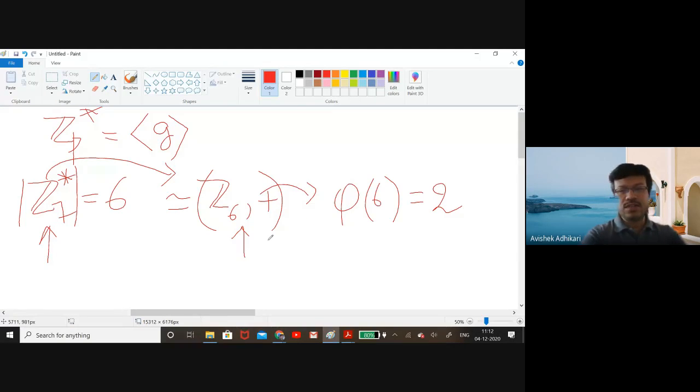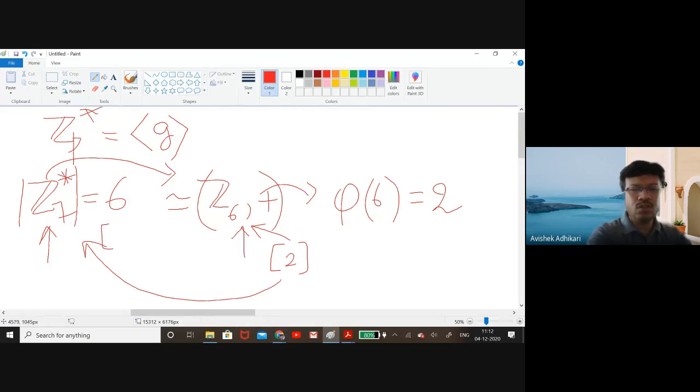Suppose I am considering 2 here, and this 2 is not the same as the 2 there, because they are isomorphic, right? So there must be some isomorphism here. Say phi is an isomorphism from Z7 star to Z6. Now you have taken class 2.